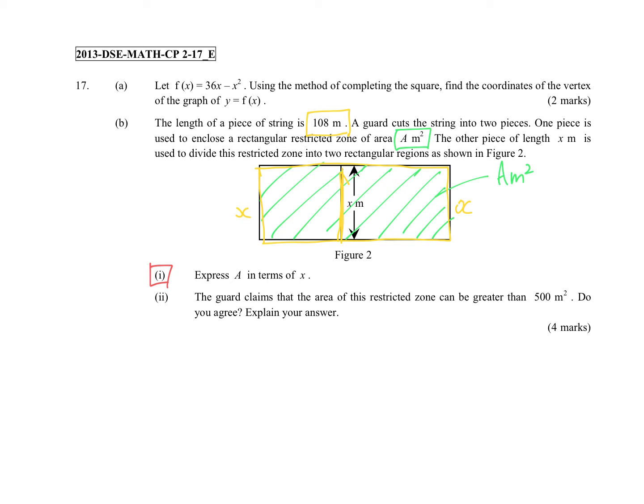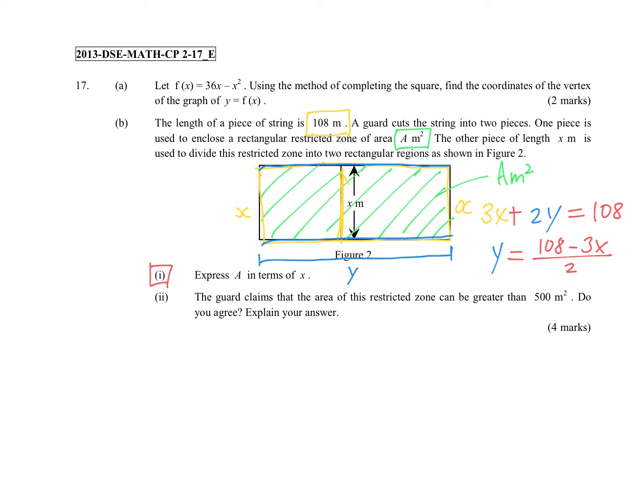Then we have the length of the rectangle, which we do not know. But here we have one part and then 2 lengths. So we have 3x and then 2y, and sum them up, that will be 108. Then we make y the subject, so y equals (108 minus 3x) over 2. Let me correct, over 2.